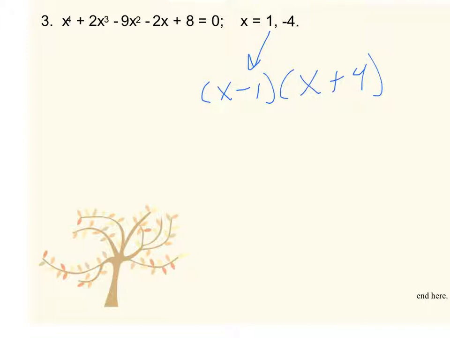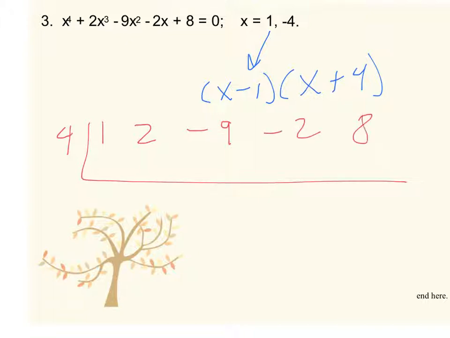So the only thing that's going to be different here is I'm going to start by verifying that 4 is a 0. I've got 1, 2, negative 9, negative 2, and 8. All right, I'm going to do some synthetic division here. This would be 4, 6. 4 times 6 would be 24.